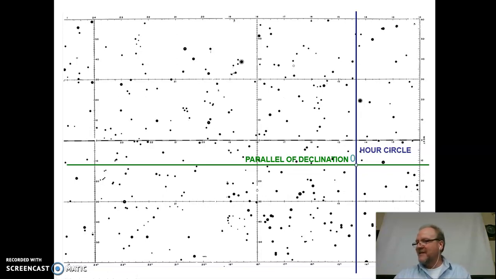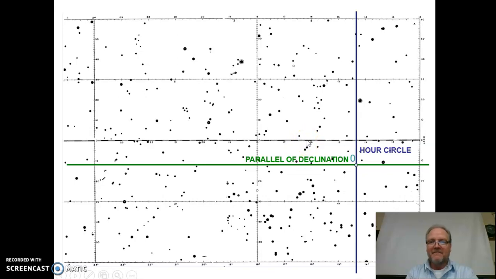Then you look back on page 96 and you find that day 2, remember, there's no day 1, is at 16:10 and negative 21. So take the right ascension, 16:10, and go along the celestial equator with me. 15, 16, there's 16:15, where the black and white interface is, and 16:10 is about right here.